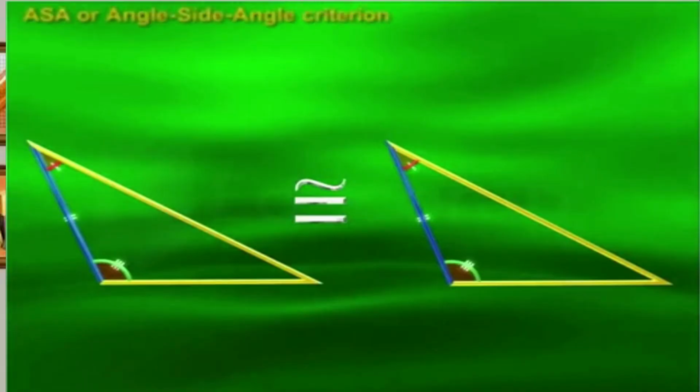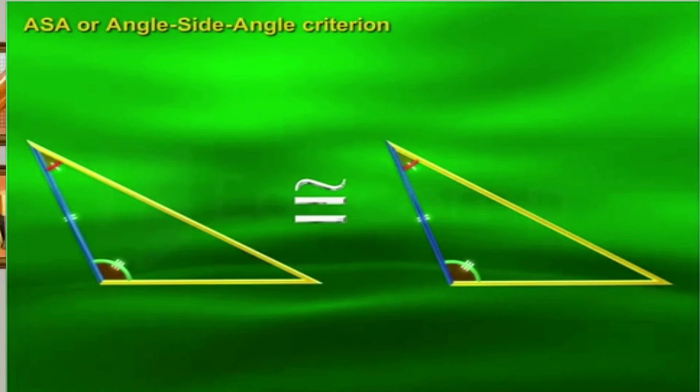And for the third criteria, we have angle side angle or ASA. For this criteria, if two angles and included side of the first triangle are equal to the corresponding angles and included side of the second triangle, then the two triangles are congruent.